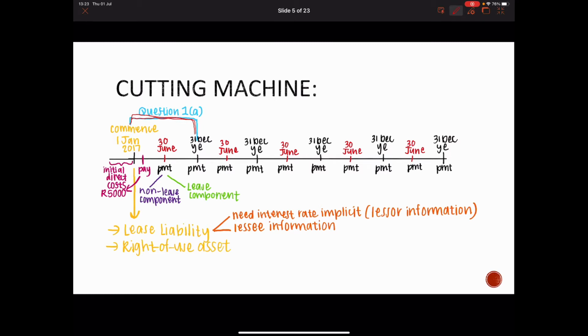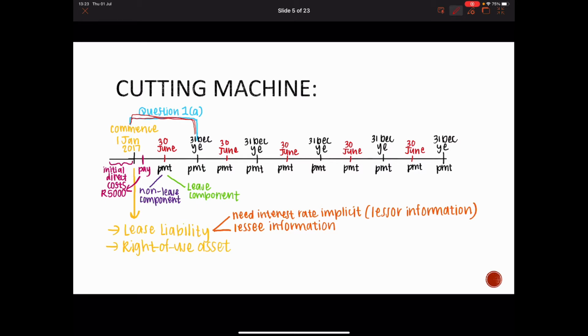And the standard tells you that you should first go and use the interest rate implicit where possible. Otherwise, if you can't calculate it, then you go and use the incremental borrowing rate. And that is why here we can calculate the interest rate implicit, so we know we are going to use that rate. So that is why the lessor information is very important, because that is what you use to calculate the interest rate implicit.